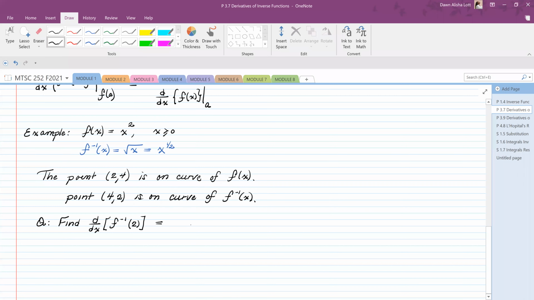Well, that's going to be 1 over the derivative with respect to x of f.